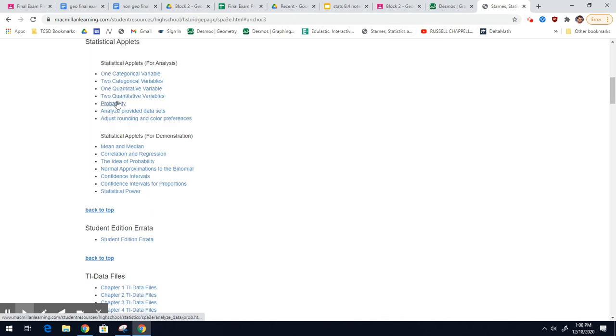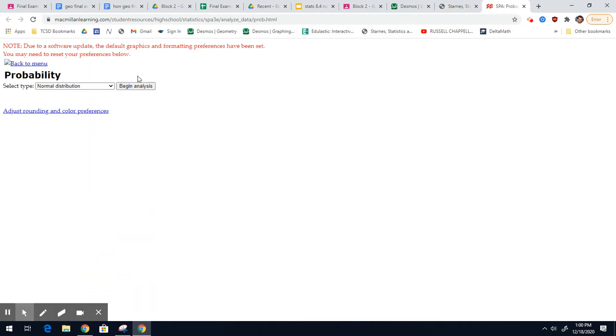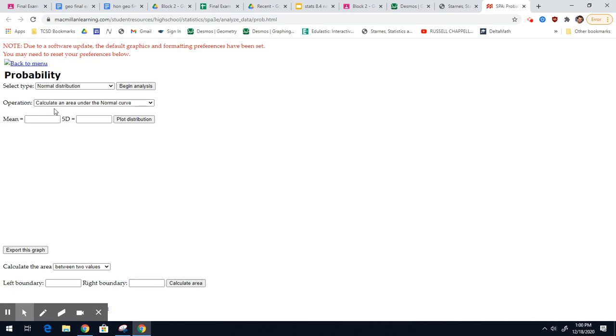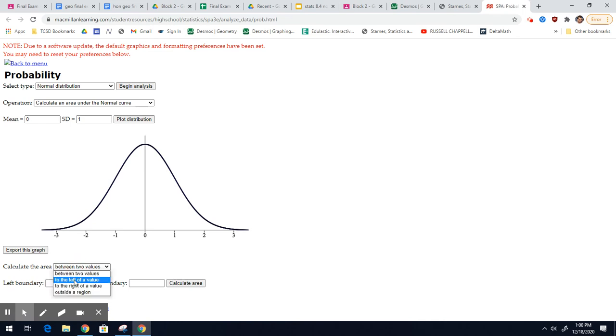Stats applet, statistical applet, probability. Yes, it's normal because the large counts conditions are met. We're calculating area. We are always 0 and 1. And again, calculating area to the left, less than negative 1.482. When I do that, I get 0.0692.